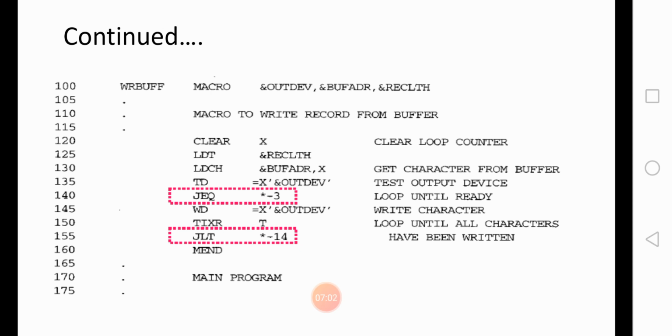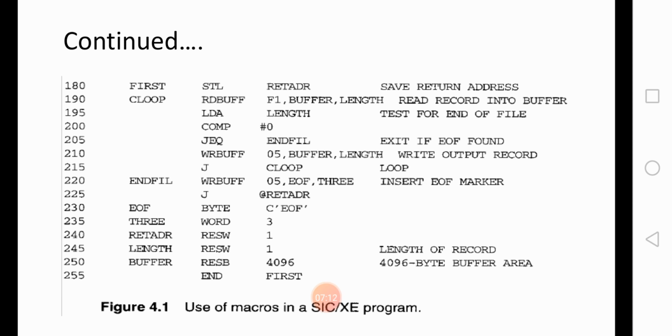Later the main program will be starting, based on this particular line number 170. Then again 180, the main program starts from this particular instruction. Line number 180 is used to call your particular macro statements.